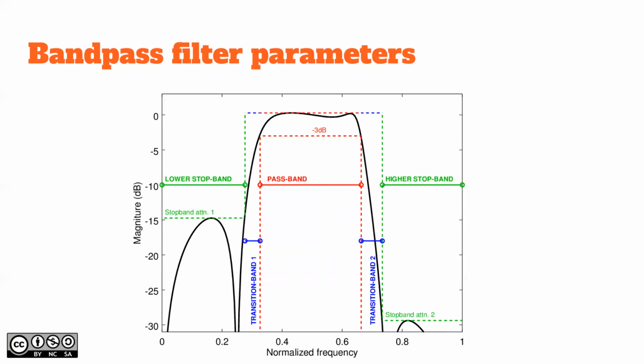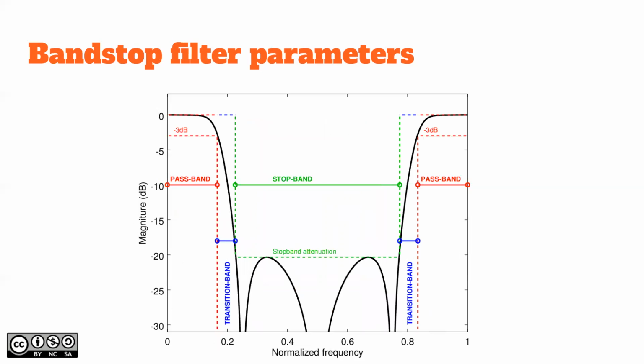As in here you can see the transition band 1 is shorter than transition band 2, and then the stop band attenuation on the higher stop band is bigger than in the lower stop band. Then we have bandstop filter.